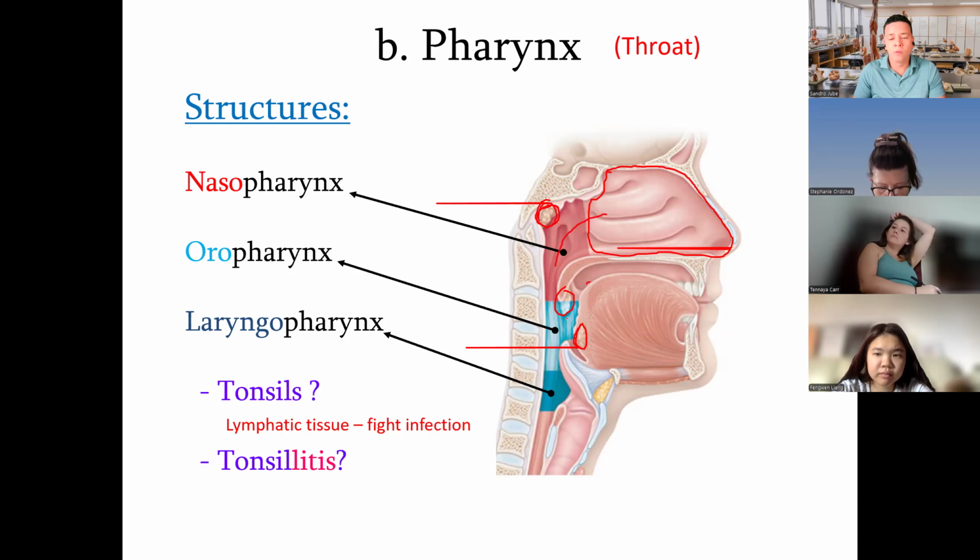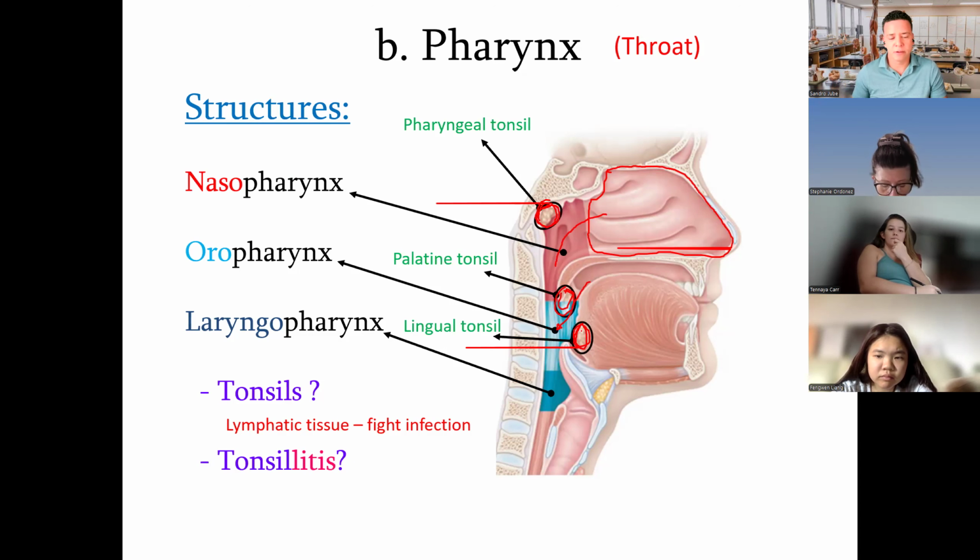As we swallow, whatever we swallowed is going to pass against these tonsils. And when we have an inflamed tonsil, that is due to fighting an infection. The tonsils will swell up due to the migration of white blood cells inside of the tonsils. And this condition is what we call tonsillitis.